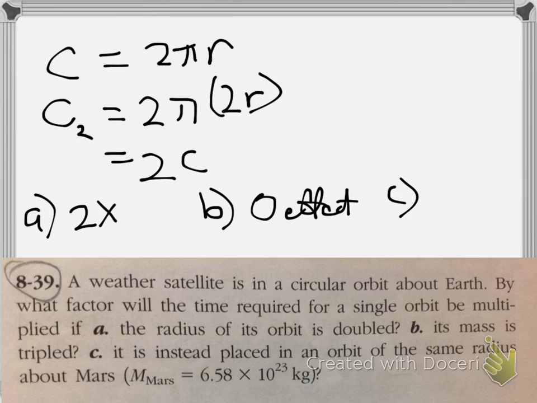And then for C, it is instead placed in an orbit of the same radius about Mars. So now we want to know the T2 over T1. In this case, it's not really T2, is it? It's T Mars over T Earth.